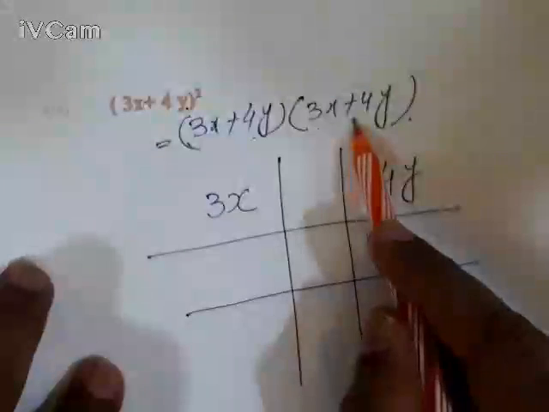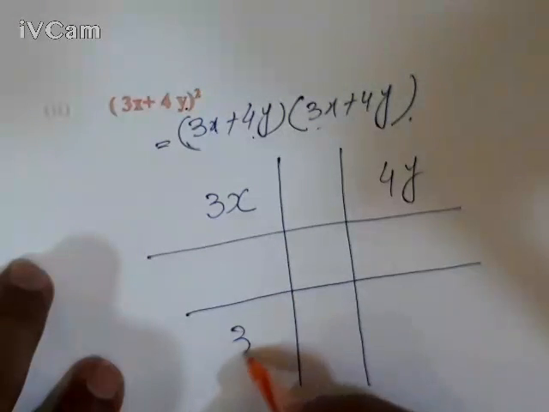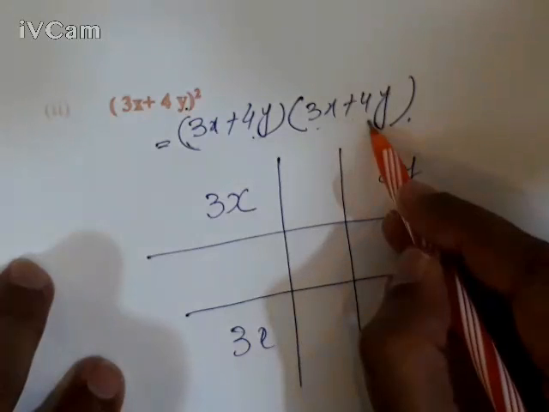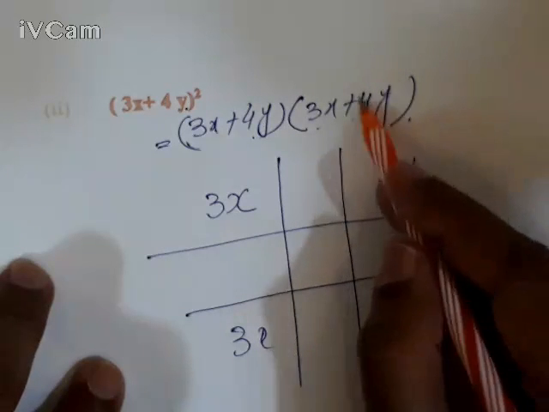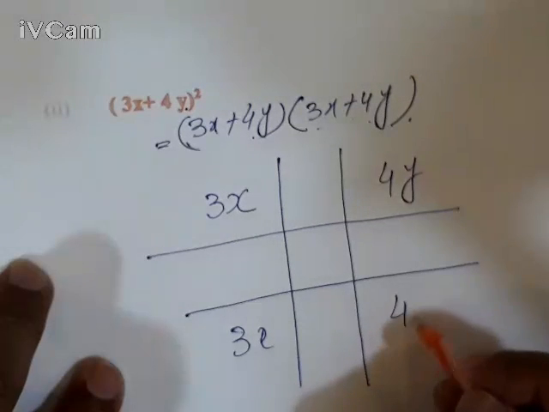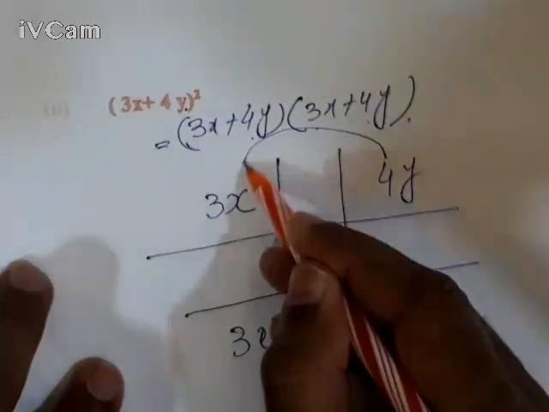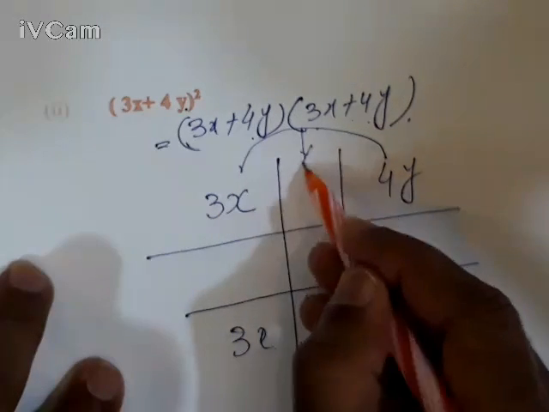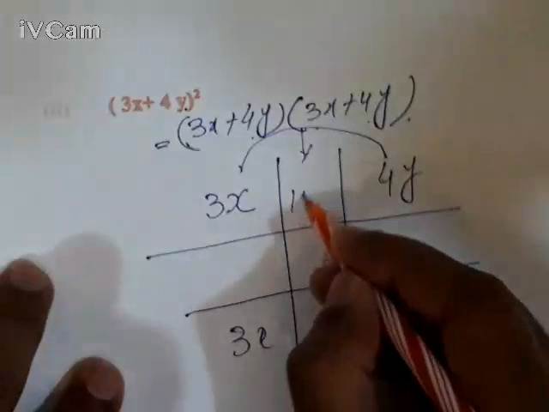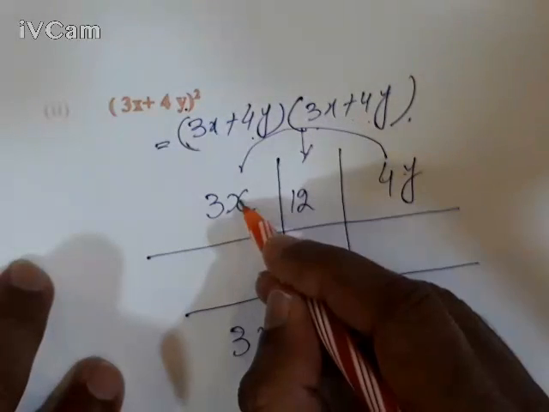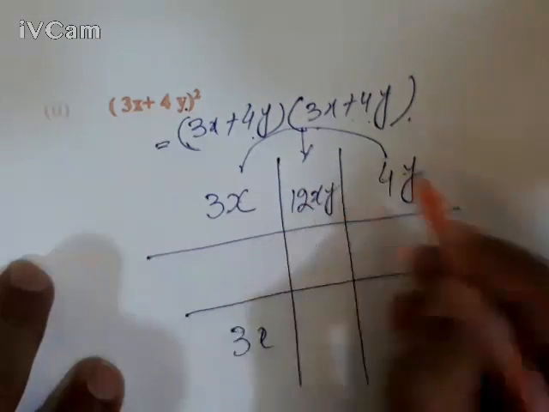Now on the other side this value right here, and on this side you will pick this value and write here. Now the same rule we have to adopt, multiply this value with this one and write here. So 4 times 3 is 12, both the variables are different, that's why we will write xy.